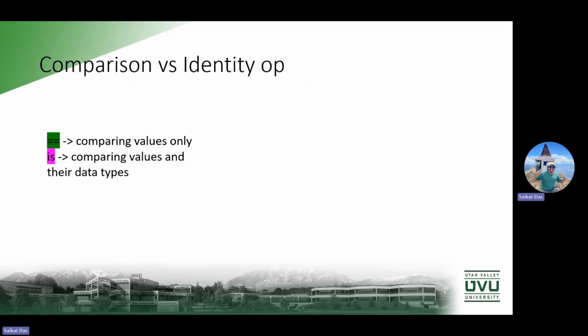between equal and is: equal only checks for the value. But the is not only checks the value, it also checks the data type. So for example, I have a list here, though we haven't covered list. For example, list has one value 2.